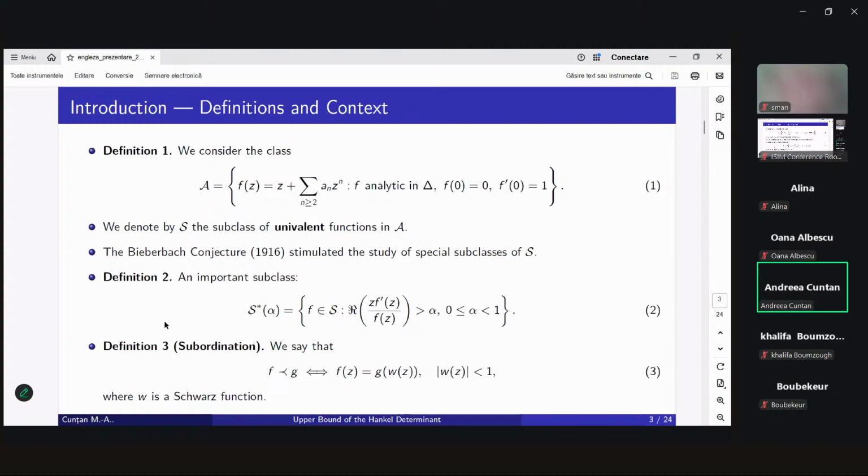We denote by S the subclass of univalent functions in A. The Bieberbach conjecture stimulated the study of special subclasses of S. Definition 2: an important subclass is the star-like functions, in relation 2. Definition 3, subordination: we say that f is subordinate to g if the equation holds where w is a Schwarz function.